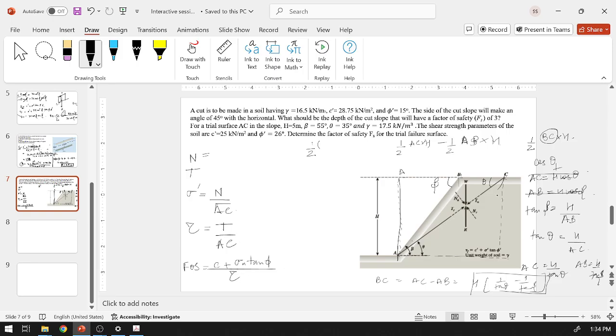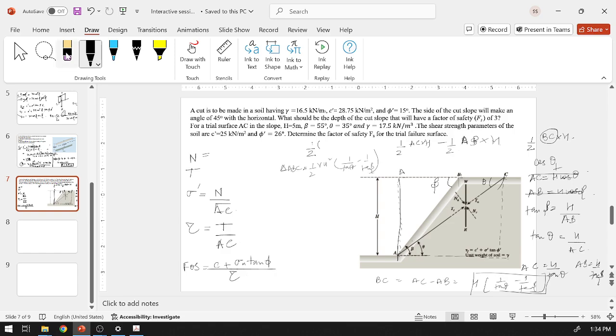So the area of this triangle ABC, after multiplying with gamma, the weight will be half of gamma h square, 1 by tan theta minus 1 by tan beta.